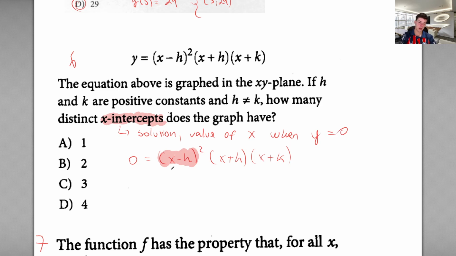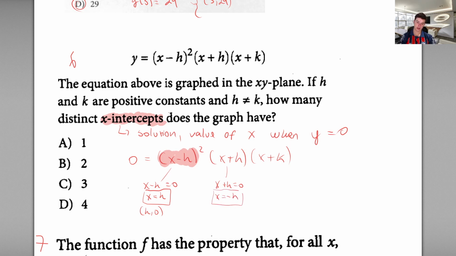So we know that x minus h can be 0. If that's 0, then the whole thing is 0. So adding h on both sides, x equals h. It's one of the x-intercepts, (h, 0), okay? x plus h can be 0, and so x equals minus h.